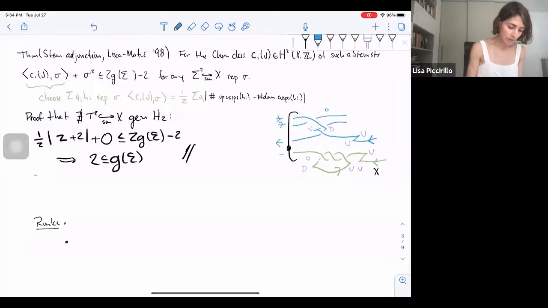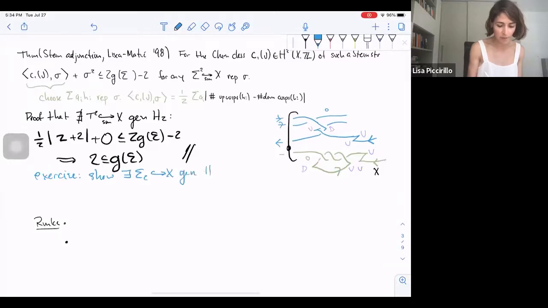So maybe a reasonable exercise is to show that there does exist a genus 2 surface embedded in X generating homology.